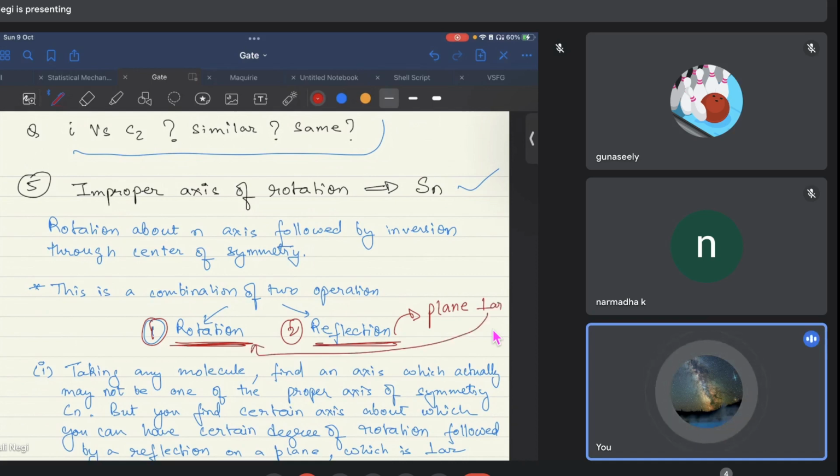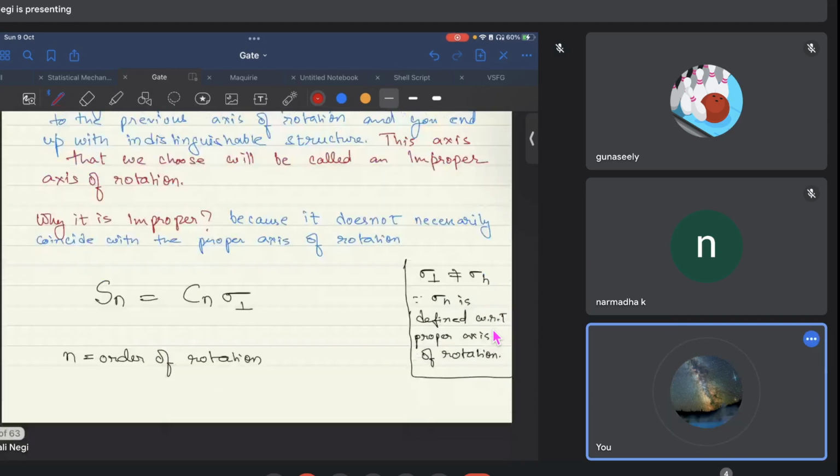This rotational axis is obviously not the proper axis of rotation, because only after doing these two steps do we get the indistinguishable structure, not by the rotation alone.